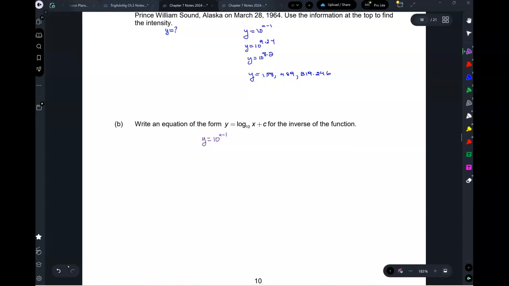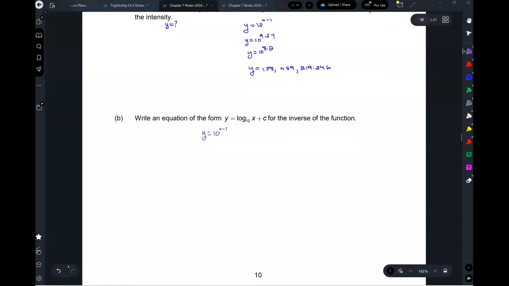So what we're going to do is first, we want the inverse. What do we do for inverse? We switch x and y, right? Now, we want to write this in logarithmic form.